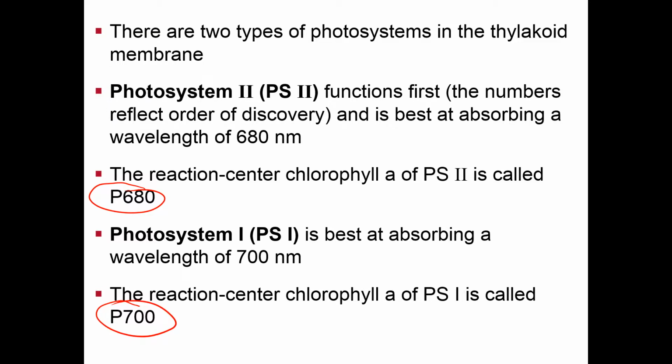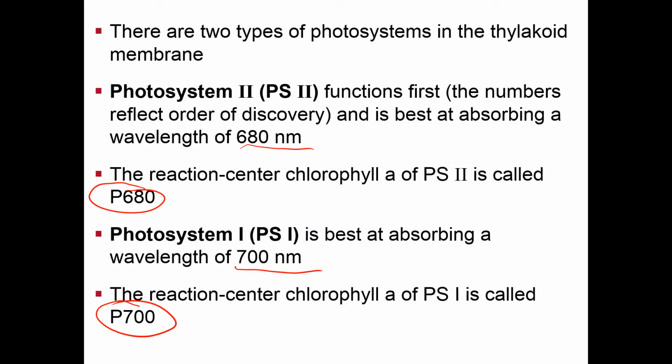The reason for this is that it's all about the particular wavelengths of light or energy that they're able to absorb the best. So photosystem 2, 680 nanometers, and photosystem 1, 700 nanometers in terms of wavelengths of light.